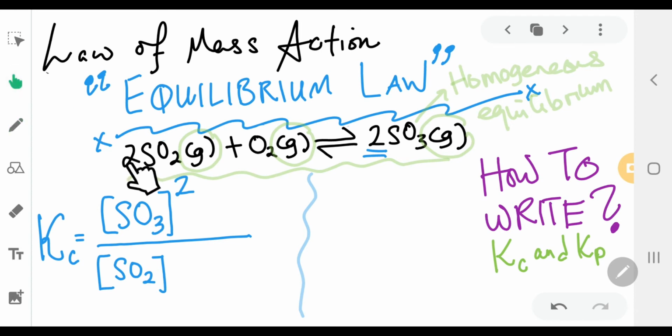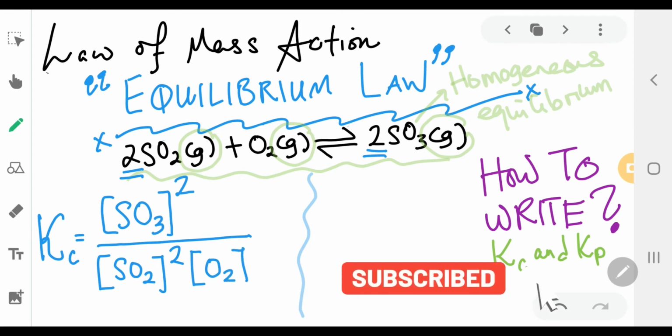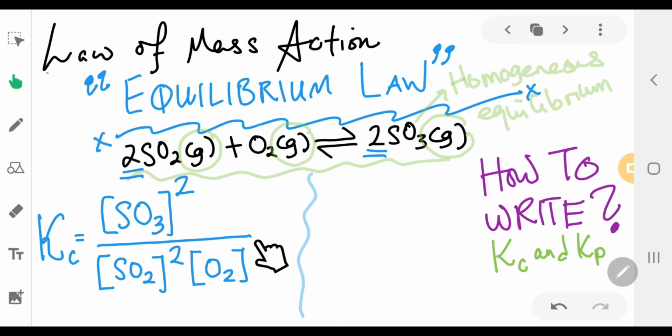And here you have to the power of 2, times the concentration of oxygen gas, concentration of O2 gas to the power of 1. So you don't have to write 1 over here. We know that it's going to be to the power of 1. So this is the Kc expression for this.